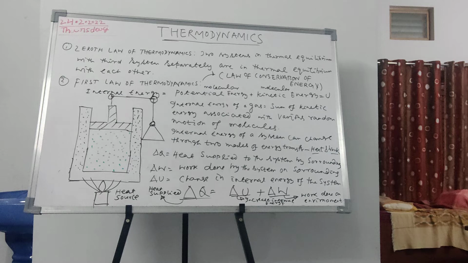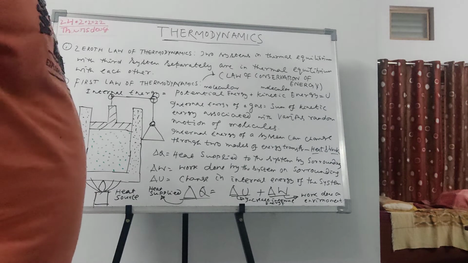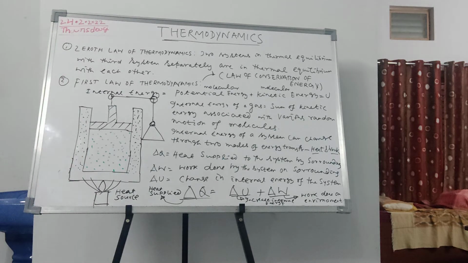Then we come to the first law of thermodynamics. It is an extrapolation of the law of conservation of energy. The state of a gas we define by pressure, volume, and temperature.